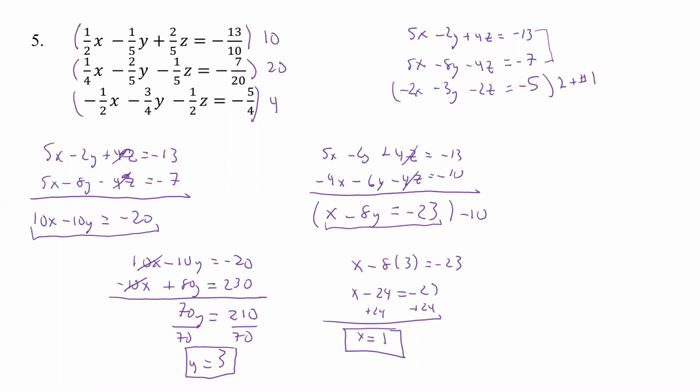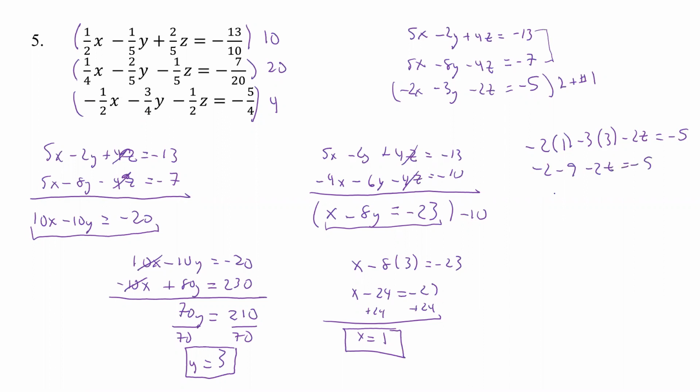Now let's plug it back in for z. I would probably plug it into this last one because there's a smaller z. And so I'd have minus 2 times x, which is 1, minus 3 times y, which is 3, minus 2 times z equals minus 5. Minus 2, minus 9, minus 2z equals minus 5.